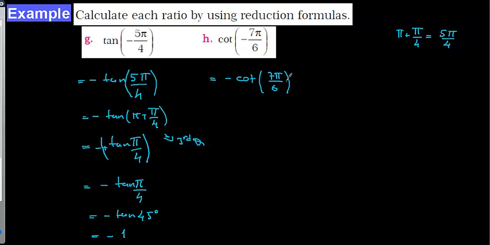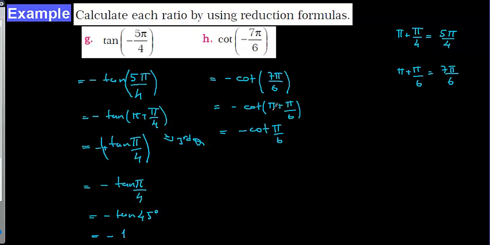What about cotangent 7 pi over 6? 7 pi over 6 can be written as pi plus pi over 6. Here it's going to be equal to minus cotangent of pi plus pi over 6. When we have pi, we are not changing the function: cotangent pi over 6.